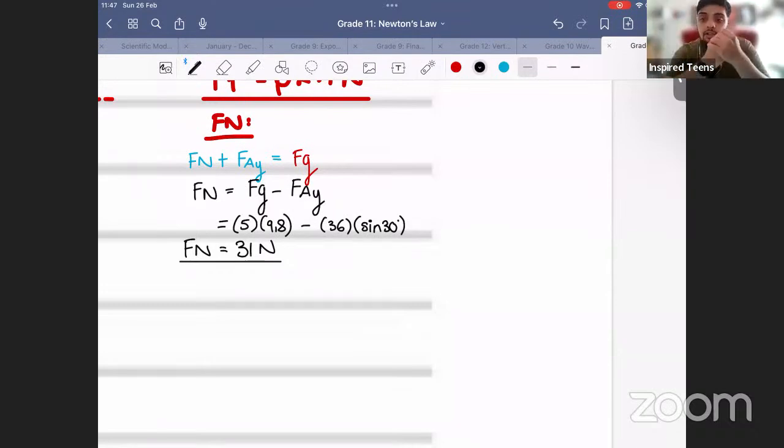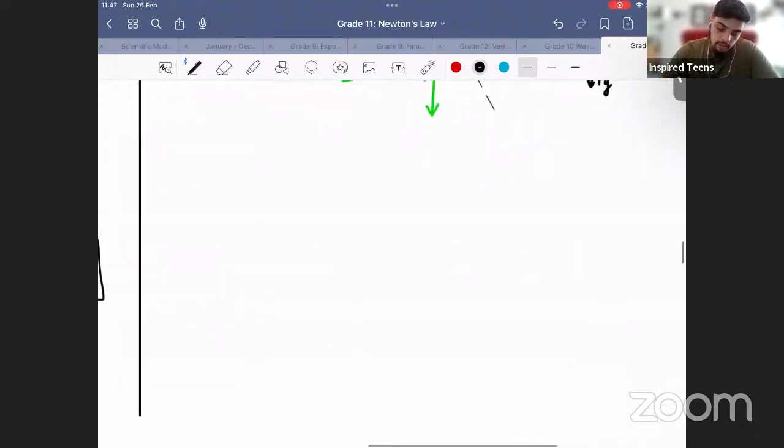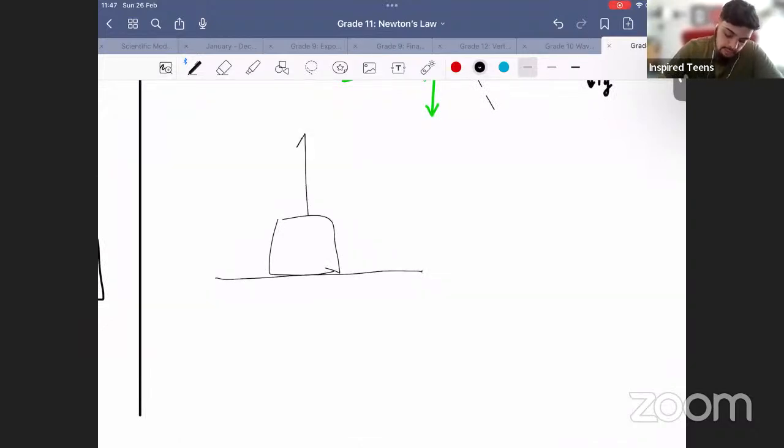You can't default to say that Fn is equal to Fg when there's no diagonal force. What happens if you have a question where, the chances are low, but there's a box on a table and a force that's pulling it directly up? Then you have Fg going down, you have F applied going up, and you have F normal going up because it's on the surface.